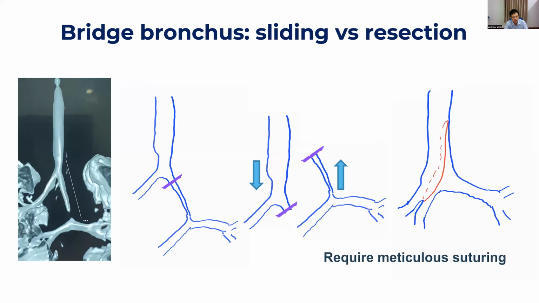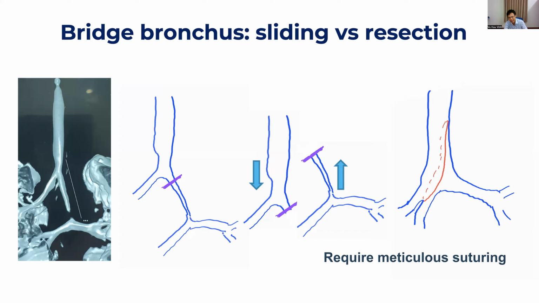But the most challenging type is type number 2, the bridging bronchus or double carina, because this is very complicated. Some authors recommend resection of the narrow part connecting the two carinas, but it becomes very challenging and almost fails to recover normal breathing for the child.